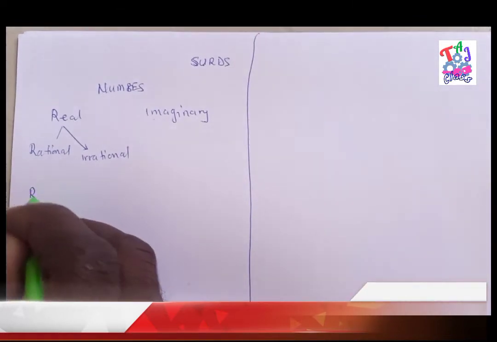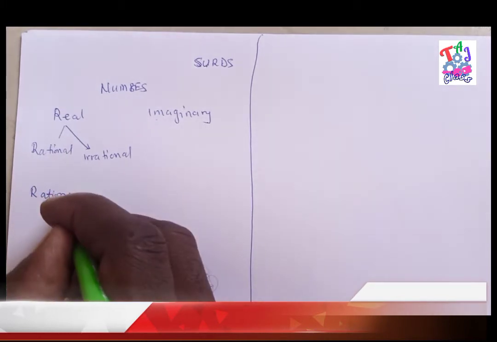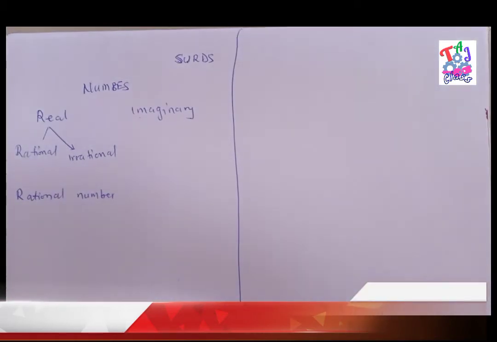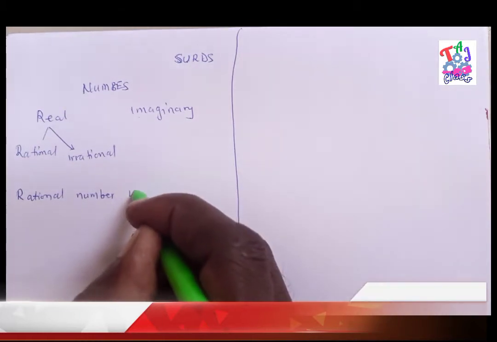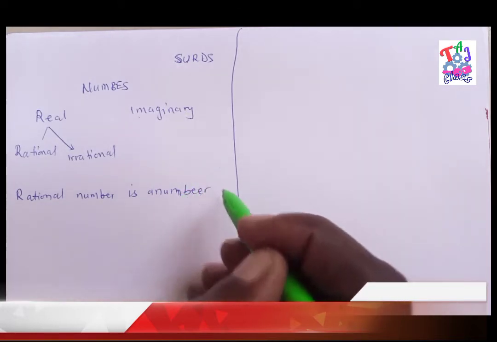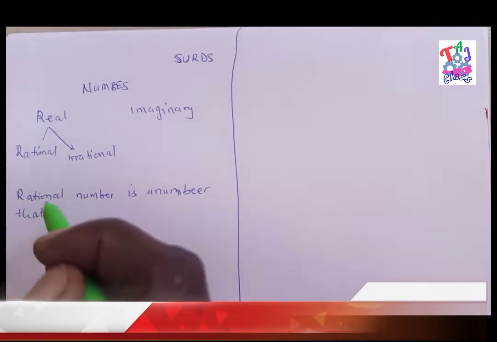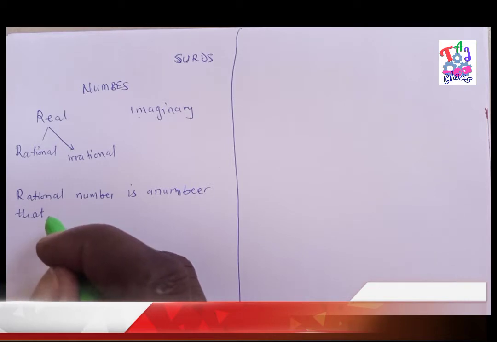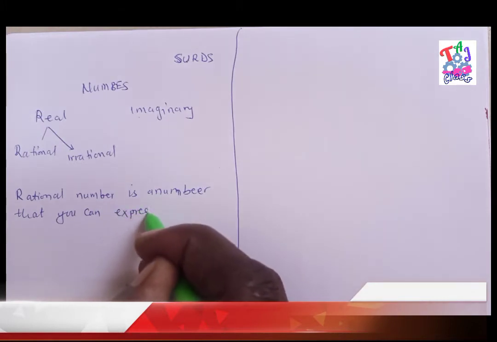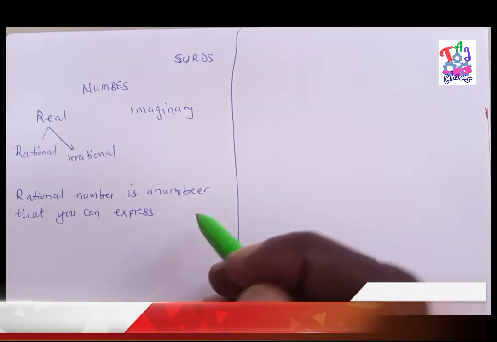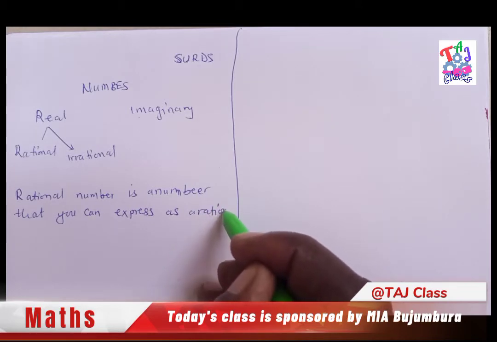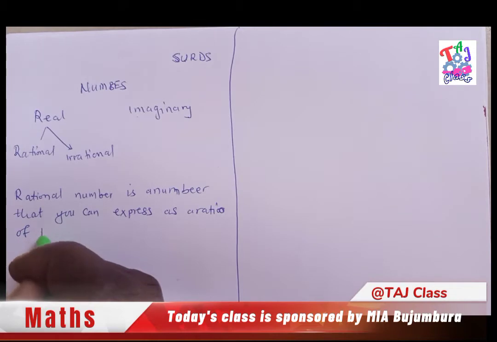A rational number is a number that you can express as a ratio of two integers.